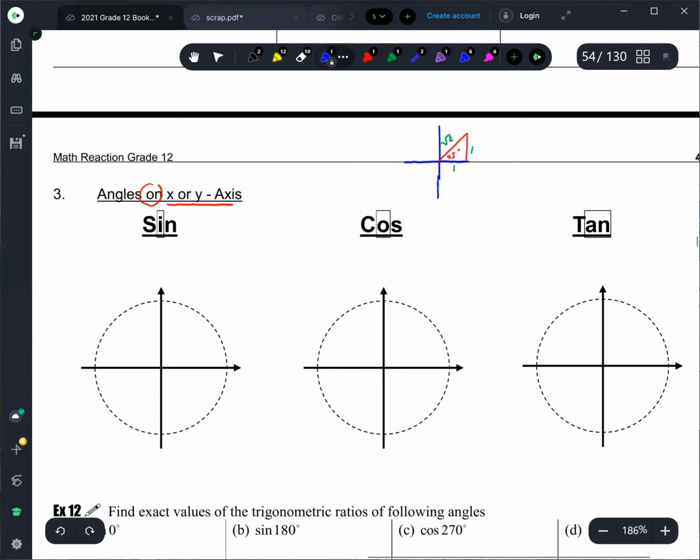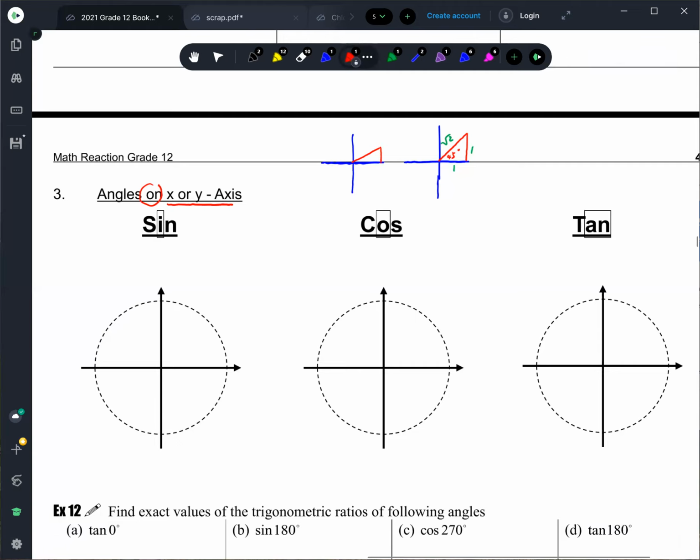Now, if we make the angle become smaller, so let's say we go down to 30 degrees. So this will be like 30 degrees, right? The sides will be what?